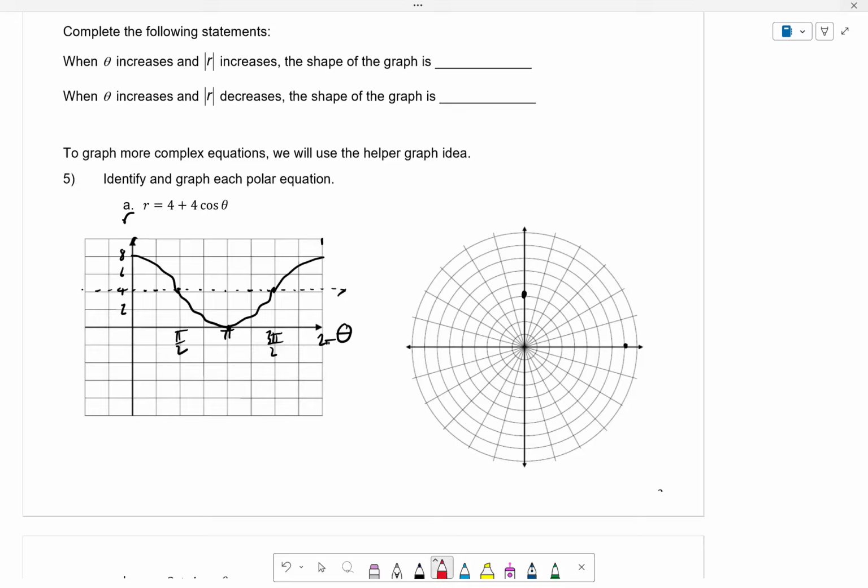Let me do this in red so you can see it more clearly. Now this is nice because you notice there's no negativity going on.